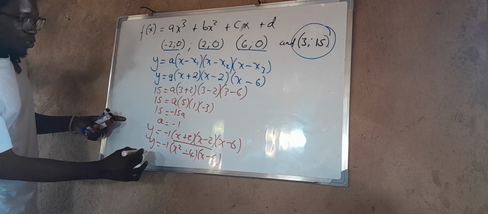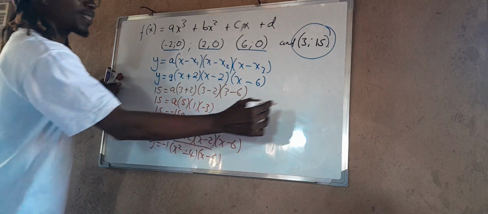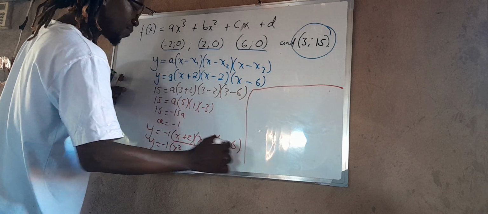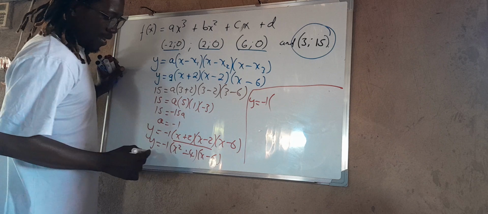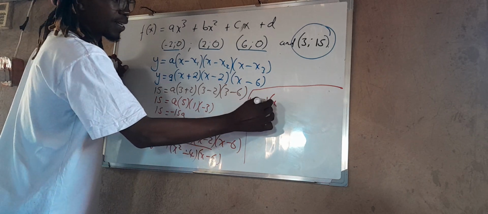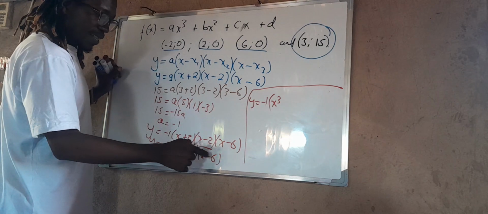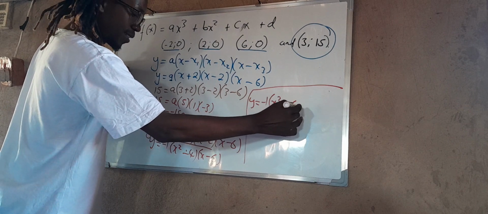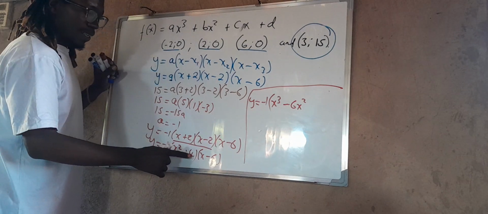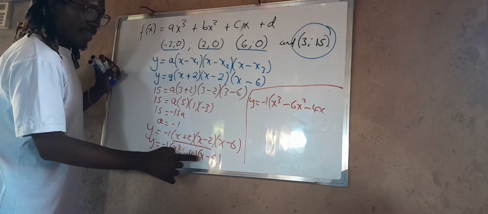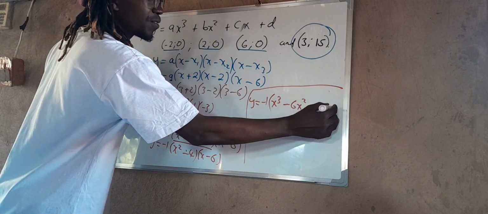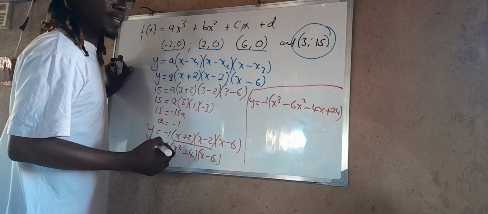So y equals -1 times: x cubed, minus 6x squared, minus 4x, and positive 24, right?